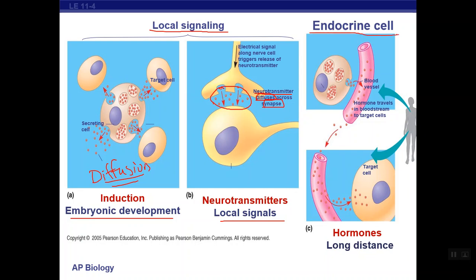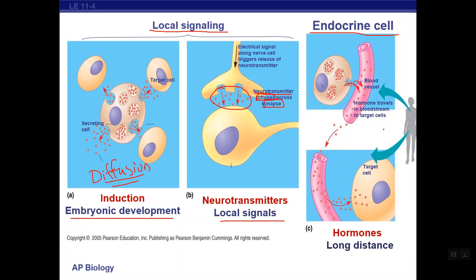These signals can also travel all across the body, not just between adjacent cells. So you might have the testes producing testosterone or the ovaries producing estrogen. Those hormones are released into the bloodstream, and then they travel everywhere in the body. Every cell in your body gets bathed in these hormones, but only the cells that have receptors for them actually respond.